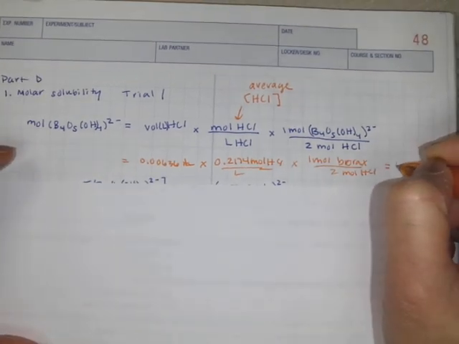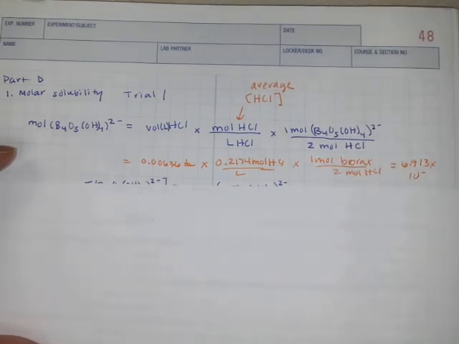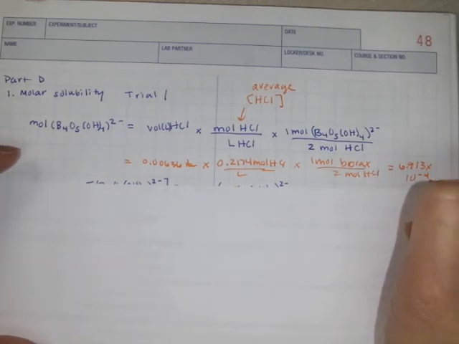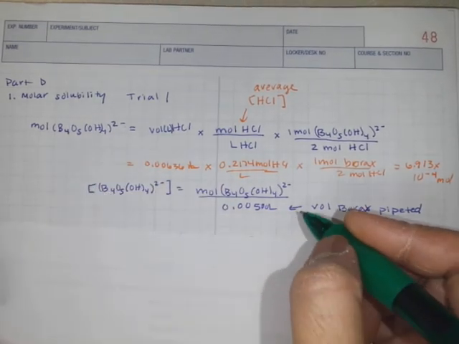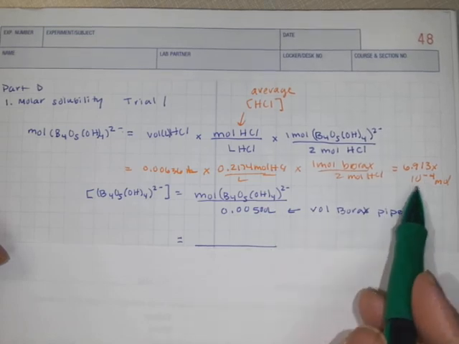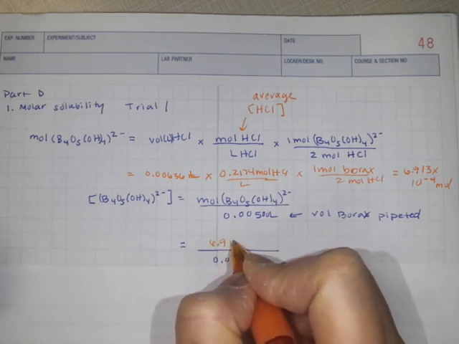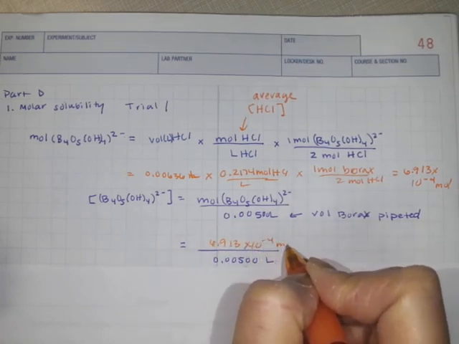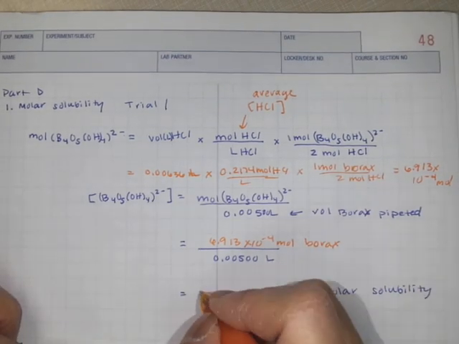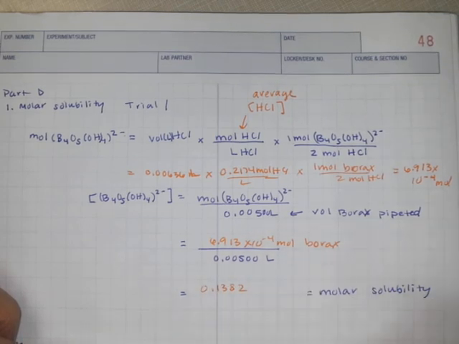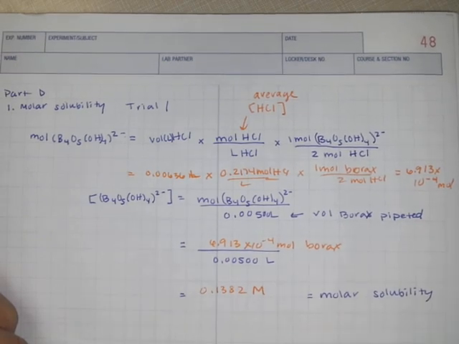I should get 6.913 times 10 to the negative 4 moles of borax. So I'm just going to plug that value down to here and divide it by 0.005. So this ends up being 0.1382, the concentration of borax, which is also equal to the molar solubility.